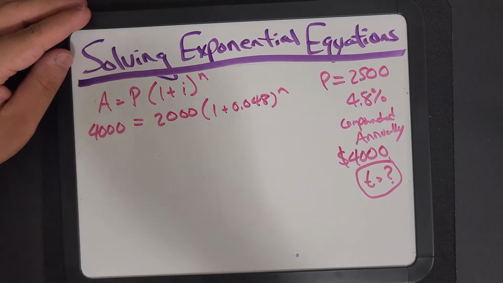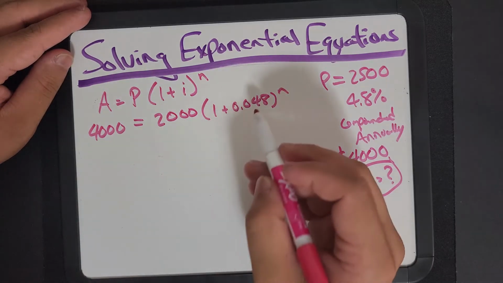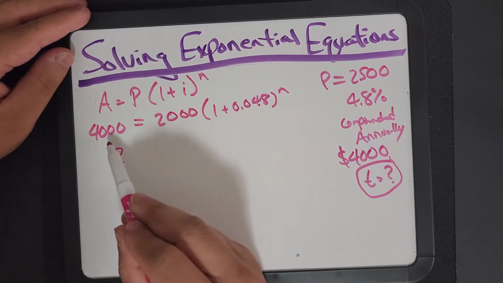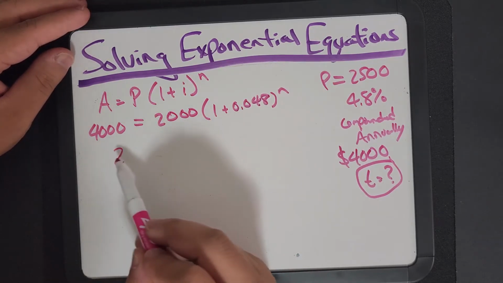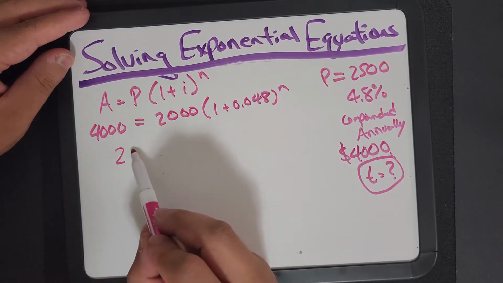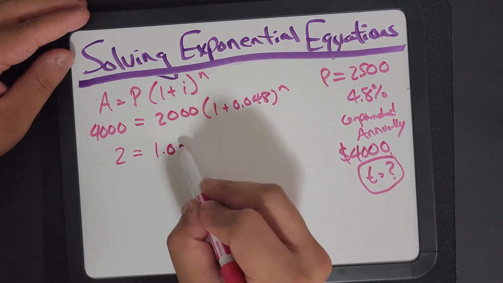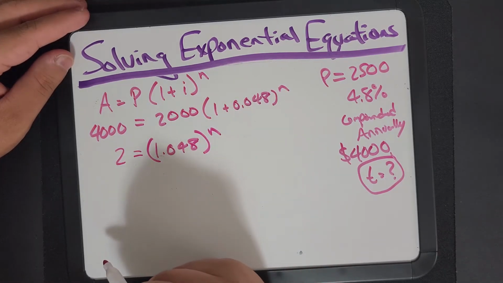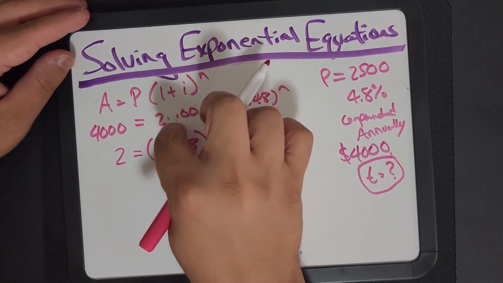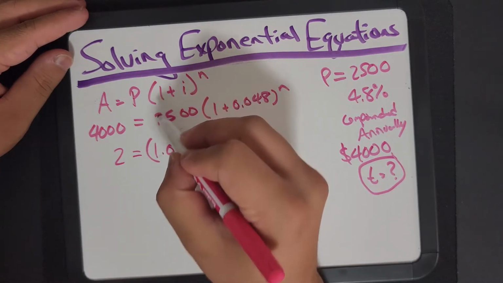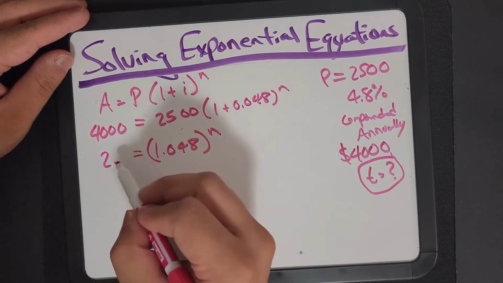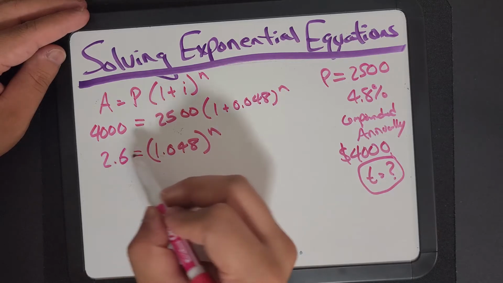So, let's start solving this. We have 2,000 on one side, 4,000 the other. Divide that, 4,000 over 2,000. Oh wait, my mistake. It's 2,500. So, 4,000 over 2,500 should be 1.6.